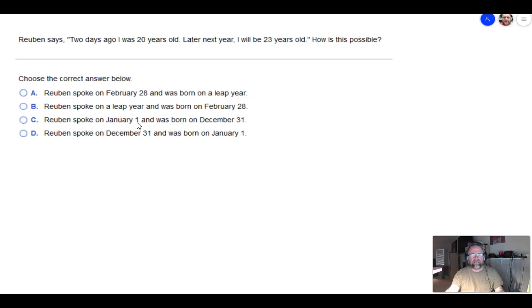That means that a couple of days ago, you could have been 20. And later next year, if you go to the next year after you turn 22, and then you get all the way down to December 31st, that could get you all the way to 23. So C looks like it could be true. And the last one says, Ruben spoke on December 31st and was born on January 1st. That can't be true because 2 days before December 31st was not January. All right, so the answer for this one would be C.